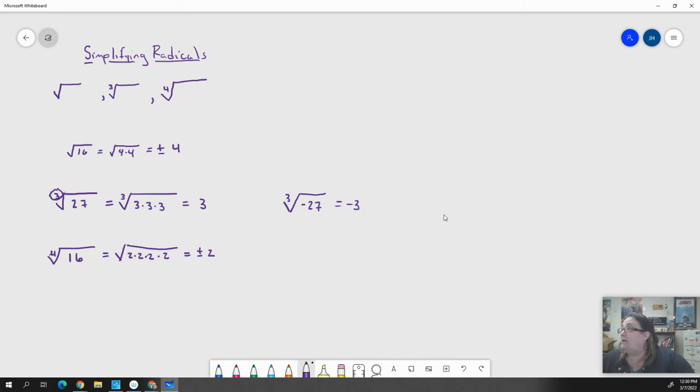One of the things that really helps to know is your perfect squares and your perfect cubes.